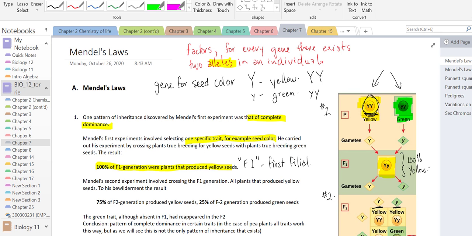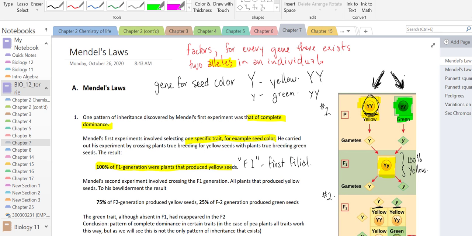What happened to it? When he first designed the experiment and he was thinking, I've got yellow producing seed plants, I've got green producing seed plants, he had any variety of hypotheses that could have been produced. One is, well, I will get some yellow and I'll get some green. He thought, well, maybe I'll get some yellow, some green, and maybe a blend.